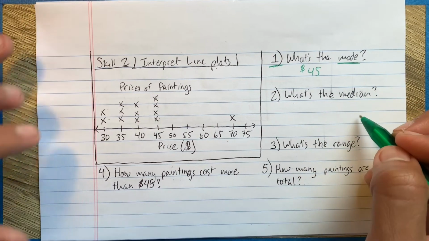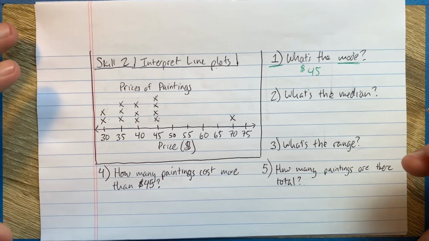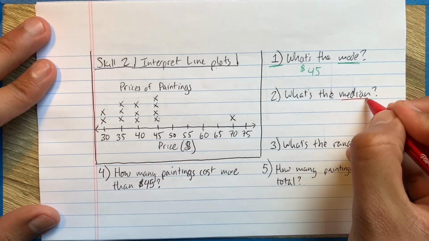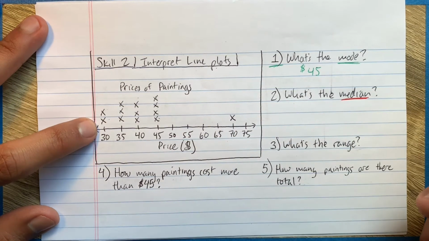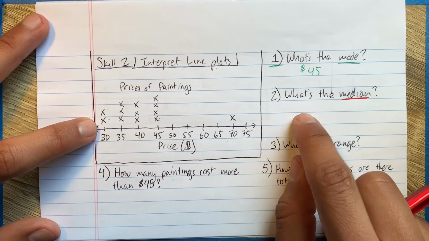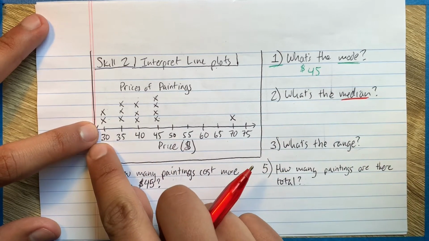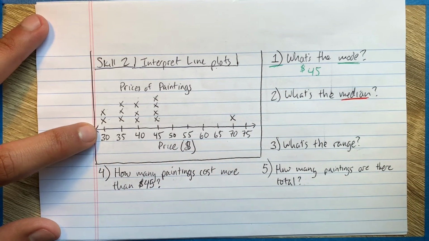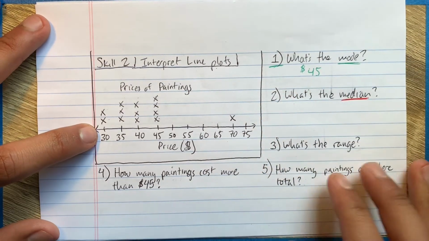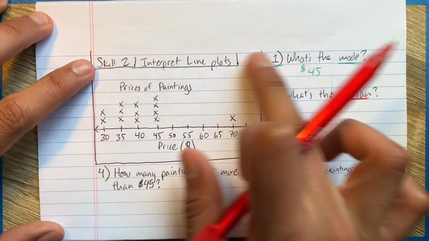What is the median? Okay, so this one's a little bit trickier, but if you remember that the median is simply the middle value, we just have to find the middle of all these x's. There's 2 ways to do this, and I'm going to start with the way that I like the least. The first is to just list all of these numbers from least to greatest. So I'm going to list them up here, just because I have more space.